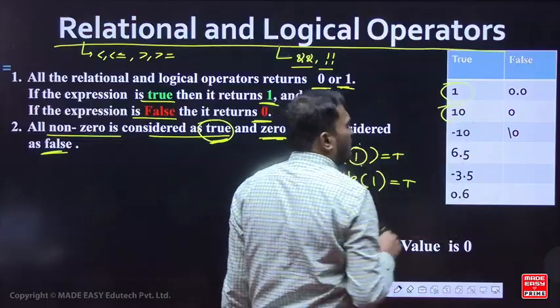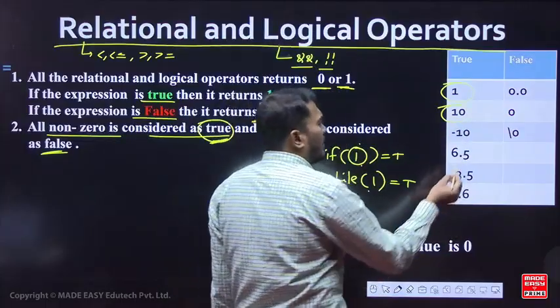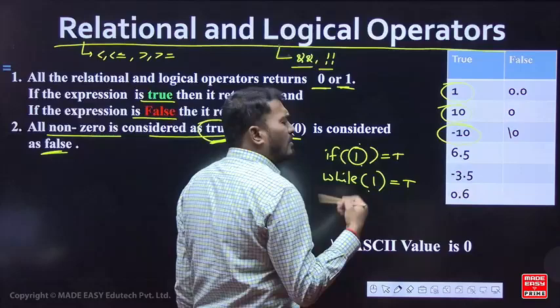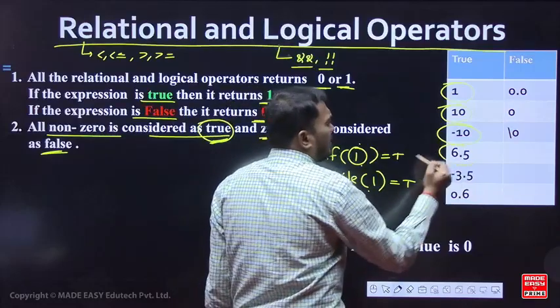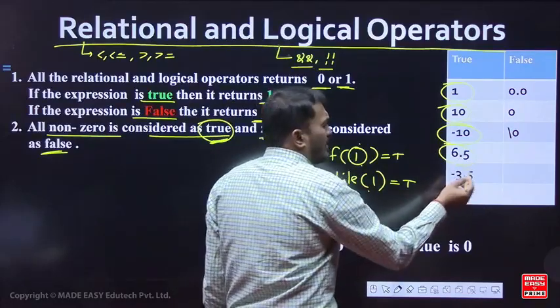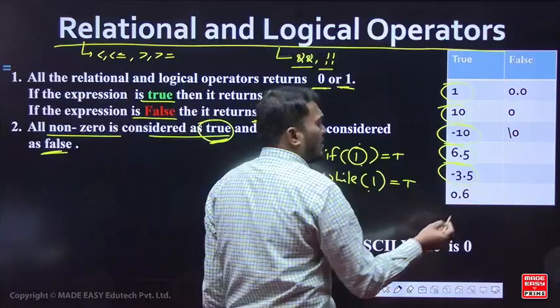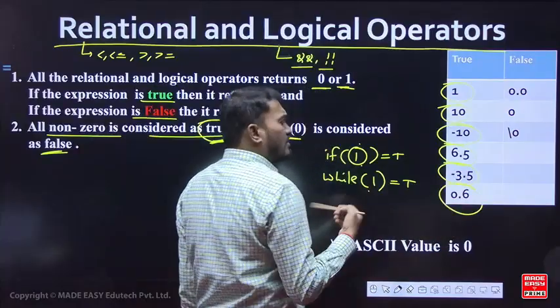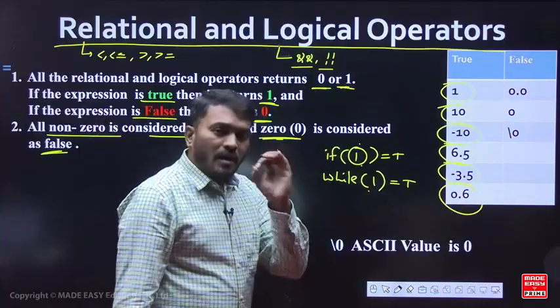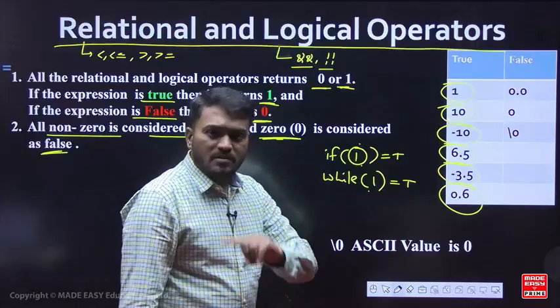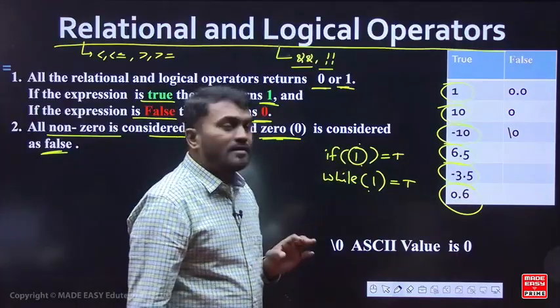If I write 10, true. If I write minus 10, that is also true. 6.5 is true. Minus 3.5 is true. 0.6 is true.